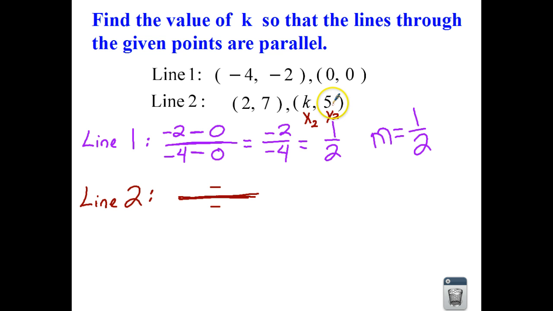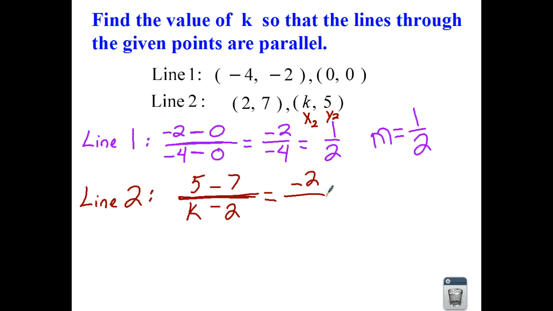So let's go. y sub 2 minus y sub 1, which is 7, is going to be over the run of k minus 2. And let's simplify. So 5 minus 7 is -2 over.